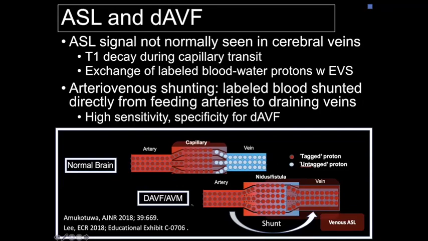When we have a dural AVF or AVM, we shunt these labeled or tagged protons through the nidus of the AVM or the nidus of the AV fistula, and on the venous side, we have tagged protons leading to venous ASL signal. So tremendously helpful for shunting lesions.